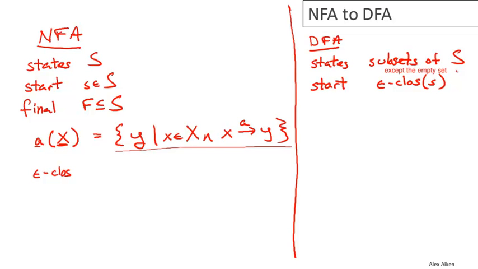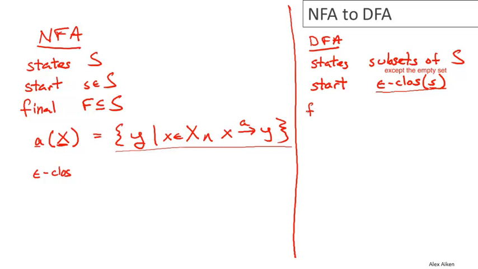So each individual state of the DFA tells us a particular set of states the NFA might be in. Well, which set of states might we be in at the beginning? Well, clearly the NFA starts in its own start state, but then before it reads any input, it can make epsilon moves. And so the actual set of states it could be in before it reads the first input symbol is exactly the epsilon closure of its start state.